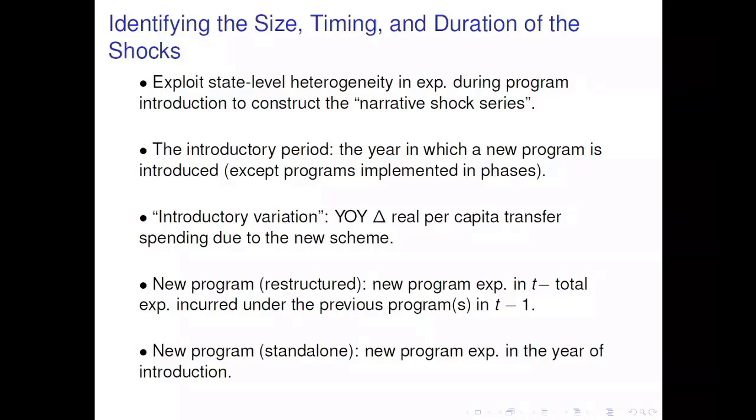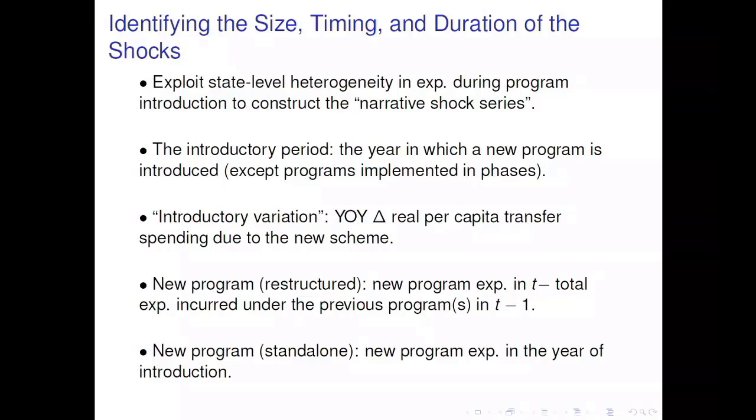Okay, so once we have identified the fact that the motivation of implementing a program is quite independent of output, how do we actually identify these shocks? Well, the first thing is that we exploit state-level heterogeneity in expenditure during program introduction to construct the narrative shock series. The idea is that these are supply variabilities. These are not related to demand.